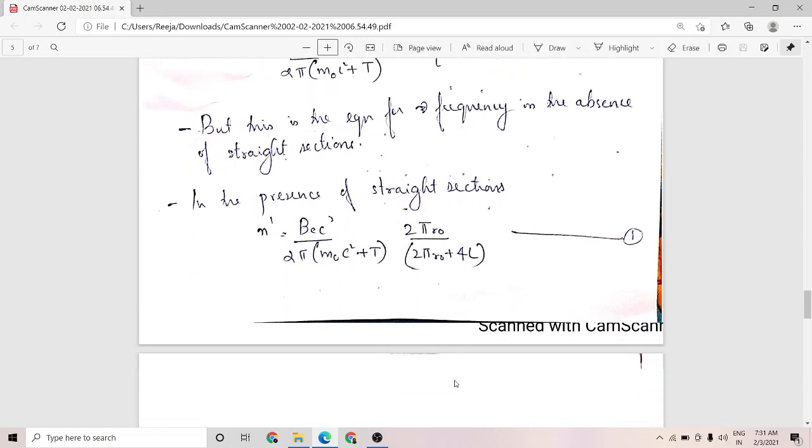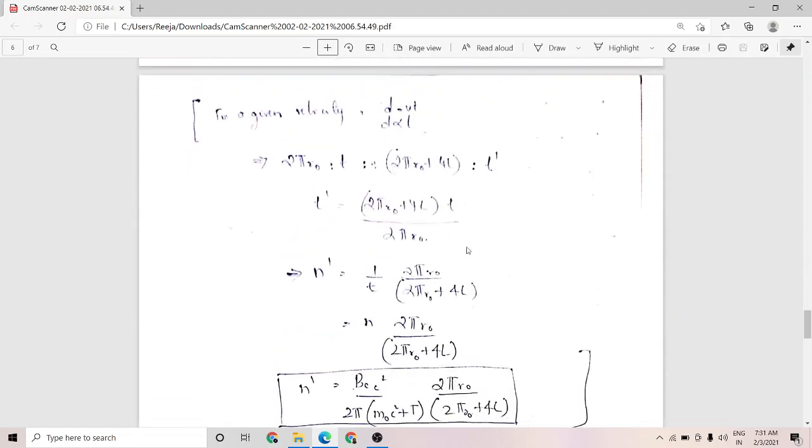Now, how do we get that? For a given velocity, d is equal to vt, or length is proportional to the time. So, if small t is the time period taken to follow a circular path of circumference 2 pi r0, then let t dash be the time taken to describe a path of 2 pi r0 plus 4L, that is including the 4 straight sections.